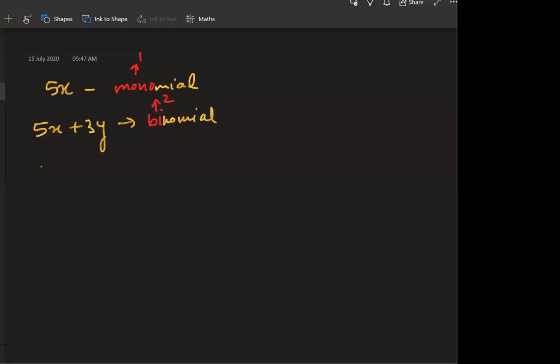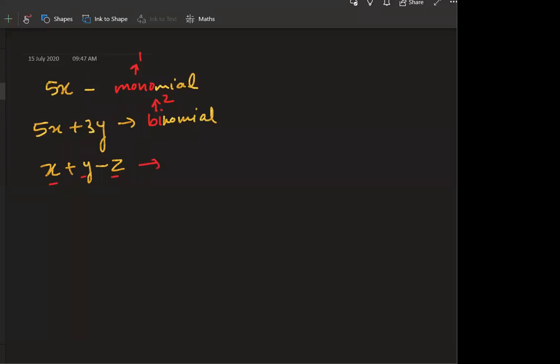Now, let's say x plus y plus or minus z. How many terms are there in this algebraic expression? Yes, 3 terms: 1, 2, 3.